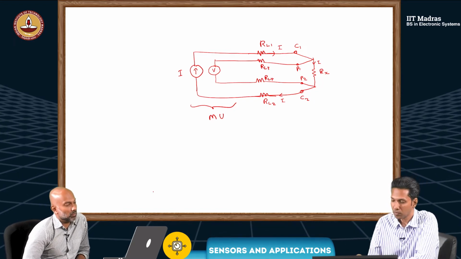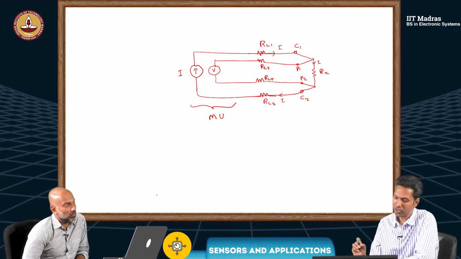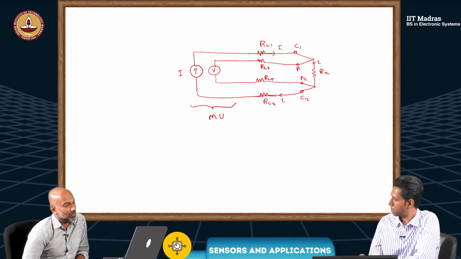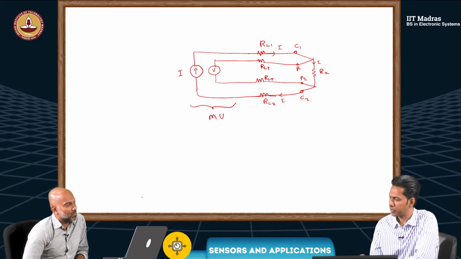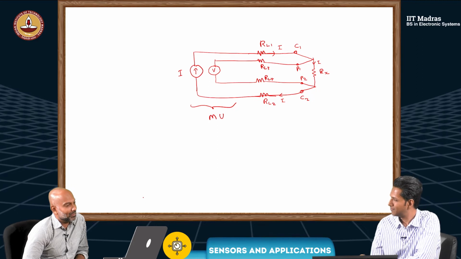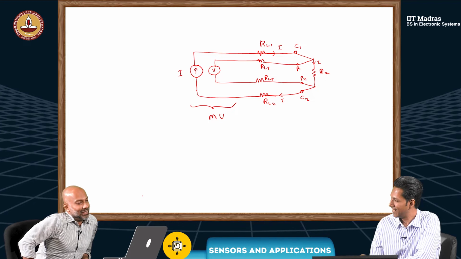Okay, but RL3 and RL4, how is their effect removed? Because now we are measuring the voltage, aren't we? I'm measuring the voltage. So, yeah, you are right.